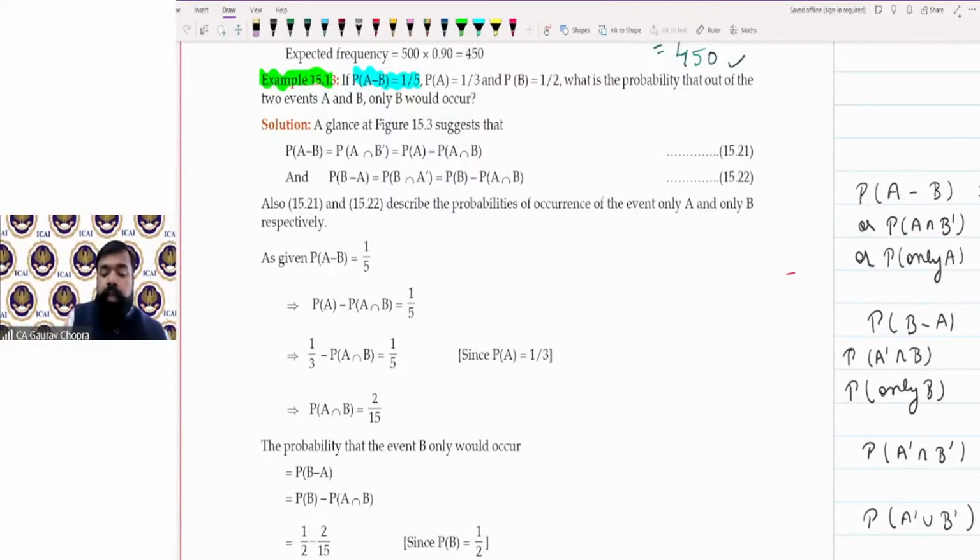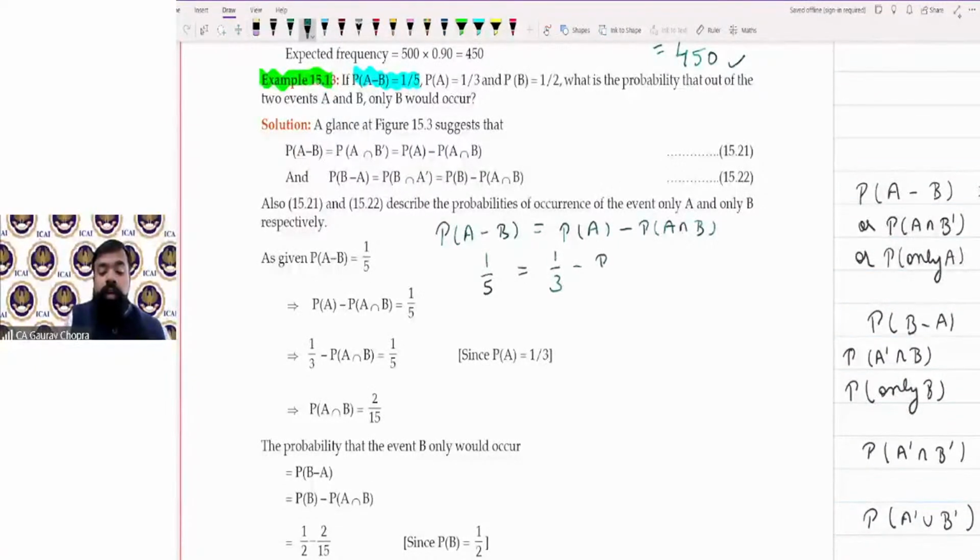So let us apply this formula for A minus B. Probability of A minus B is equal to P of A minus P of A intersection B. So it is 1 by 5 equal to PA, 1 by 3, minus intersection.